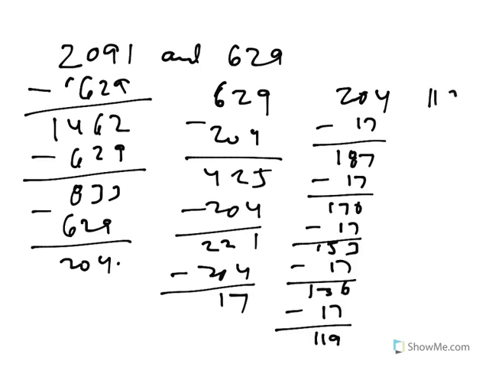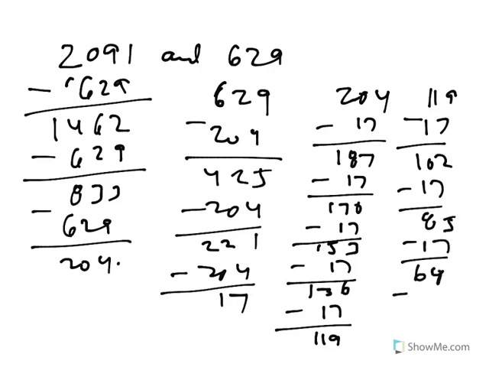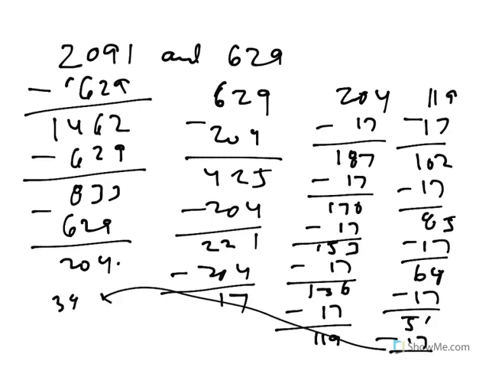I'll just say 119 minus 17 is 102, minus 17 equals 85, minus 17 equals 68. We're getting there. Minus 17 equals 51, minus 17 equals 34, minus 17 equals 17. And finally, we get down to 0. And Euclid says then that the thing that you've just been subtracting over and over is the answer.